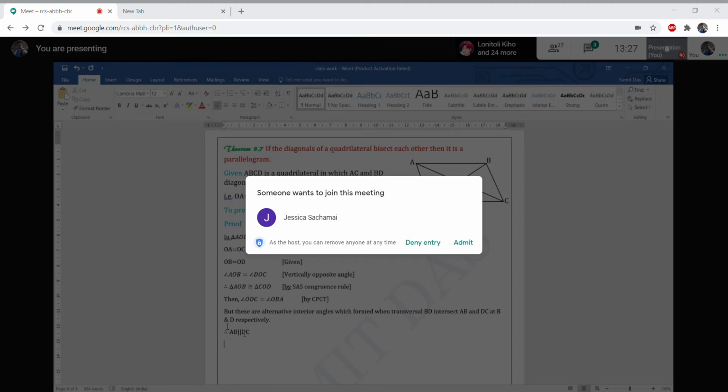Similarly, we can prove, if we take the other angles, these two triangles AOD and BOC, we can similarly prove that AD is parallel to BC. Okay. BC parallel to AD. Hence proved.